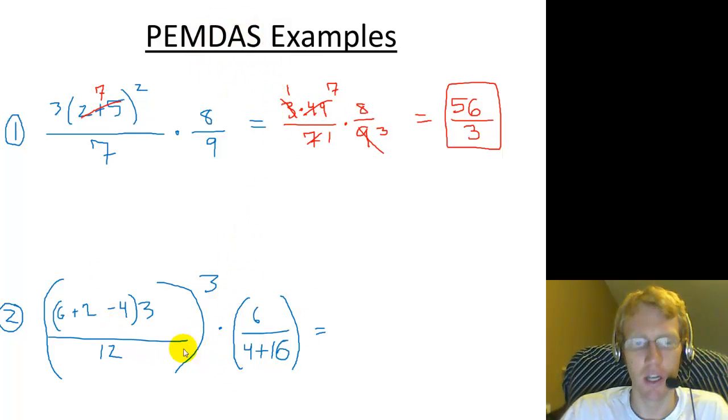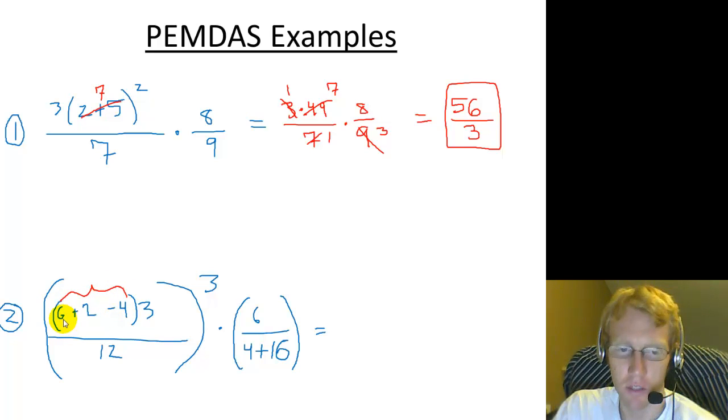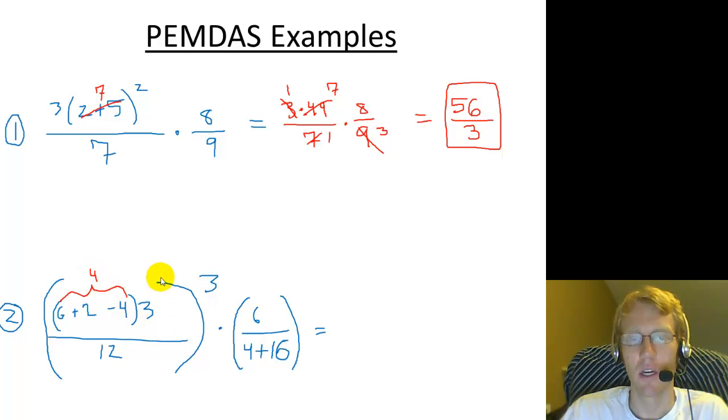Okay, let's go here. This is a lot more complex with more parentheses. So let's start with all the parentheses. These parentheses right here, I can do 6 plus 2 minus 4. So I'm going to do that adding and subtracting left to right. 6 plus 2 is 8, minus 4 is 4. Okay, now within these overall parentheses, I've got 4 times 3, multiplication, and that's divided by 12, division.